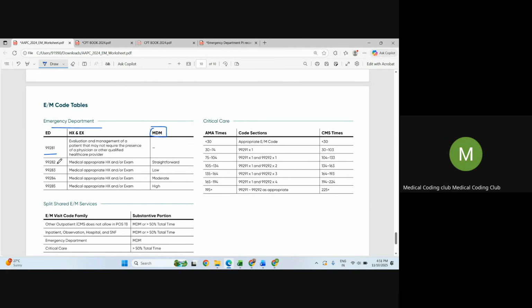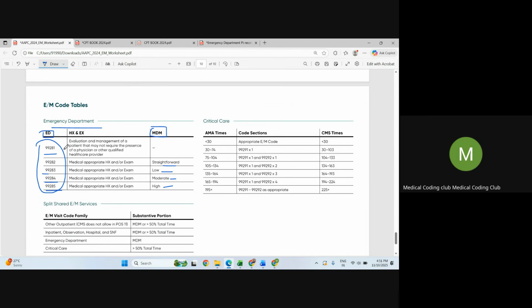And 99282 is for straightforward medical decision making. 99283, low MDM. 99284, moderate MDM. 99285, high MDM.